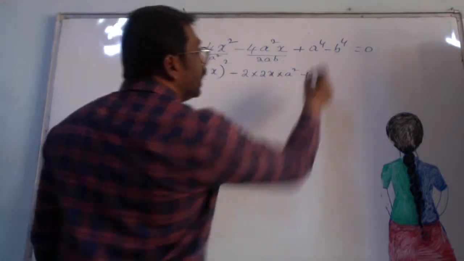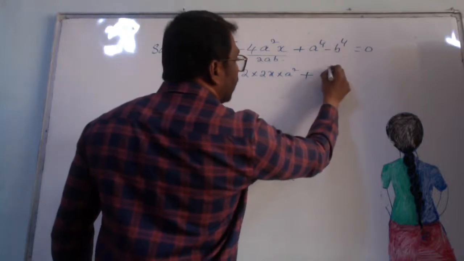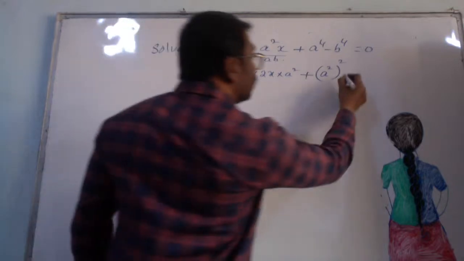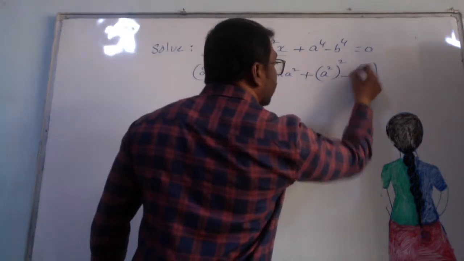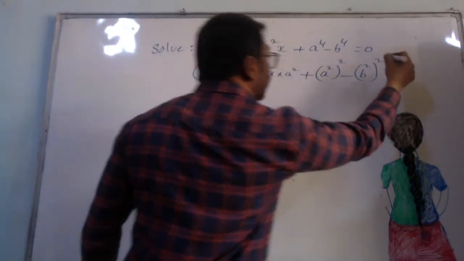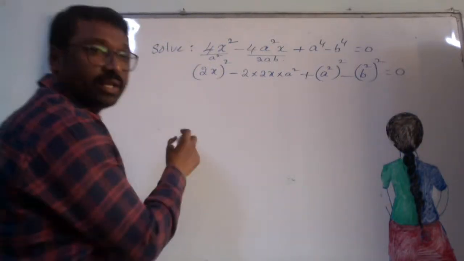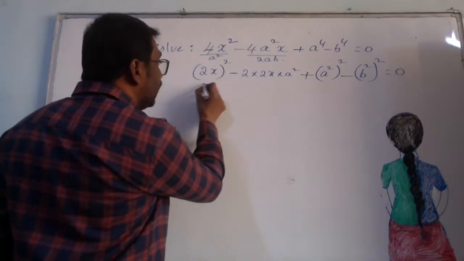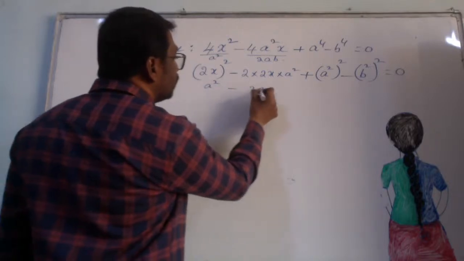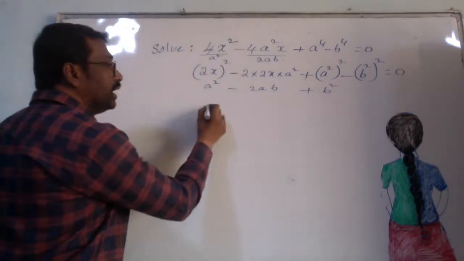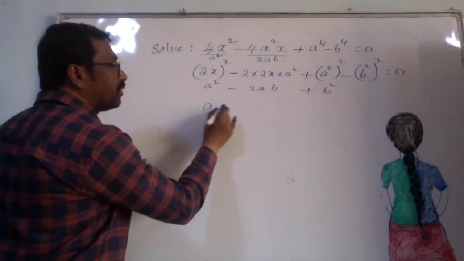Plus this a power 4 can be written as a square whole square. Minus b power 4 also can be written as b square whole square, equal to 0. Now check here clearly, the a square minus 2ab plus b square form, right? That is the a minus b whole square form.